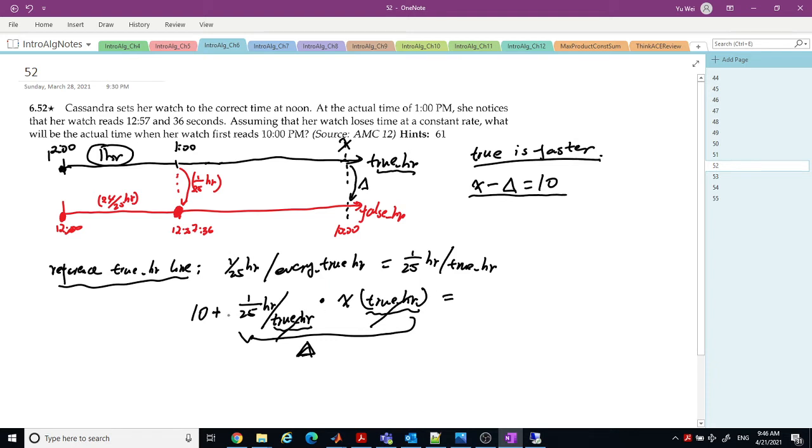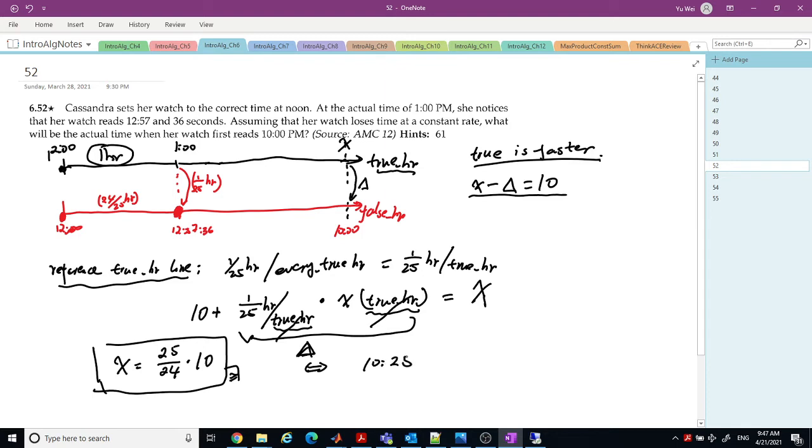So now this is 10 plus delta equals X, the true hour. So now when you're solving it, you can have X equal 25 over 24 times 10. And also you can convert this to minutes. Equivalently, it is 10:25.